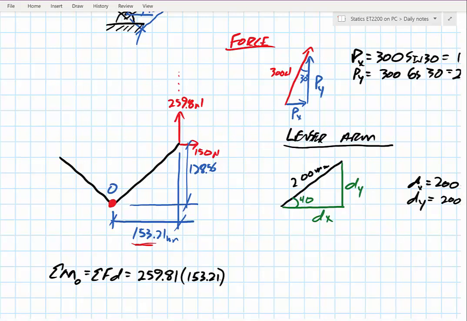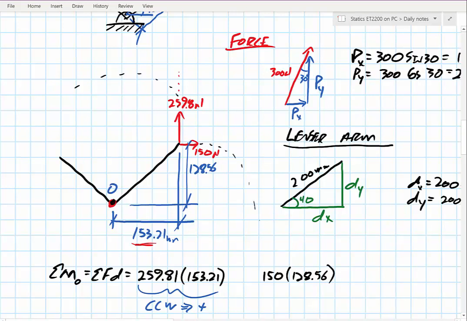If I were to put a pin here at point O and spin it around, I would see that that is counterclockwise, which we are calling positive. And then I have my other moment, which is my 150 newton force times its lever arm of 128.56. Same idea: if I were to pin it at point O and push it that way, I'd end up with a clockwise, or negative, moment. So I'm going to put a negative in here.